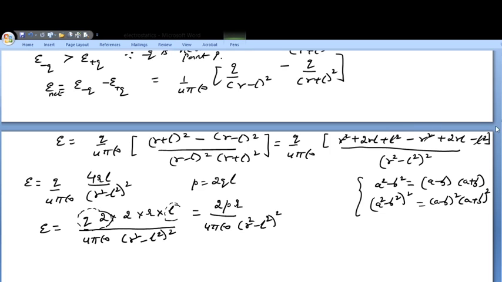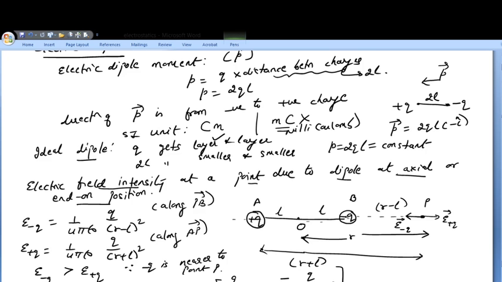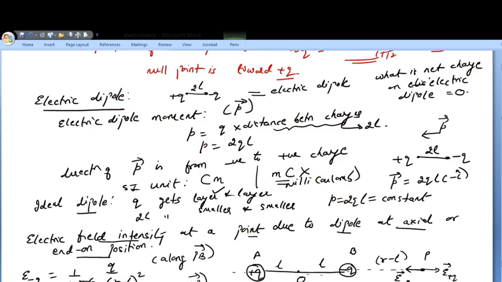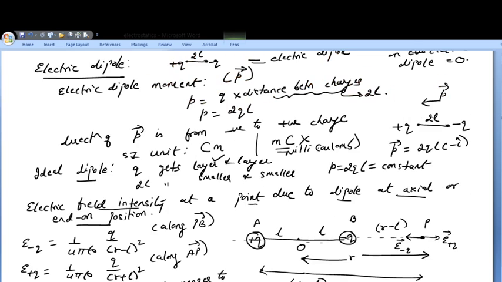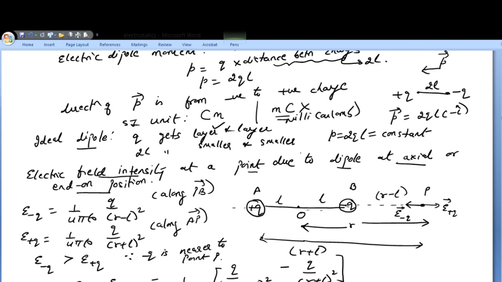Now see here, if you see the direction part, your electric field is pointing from where? See here, minus Q is dominating, right?